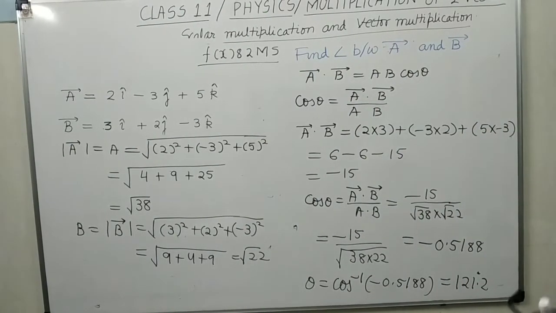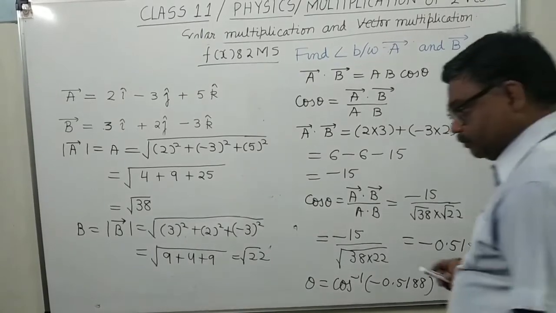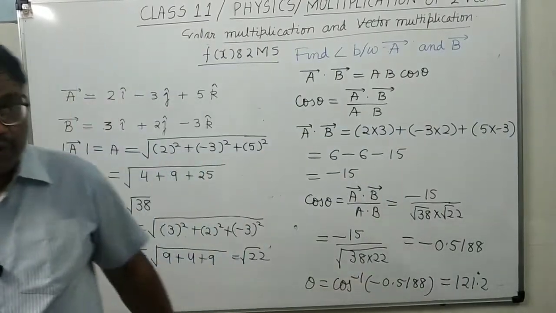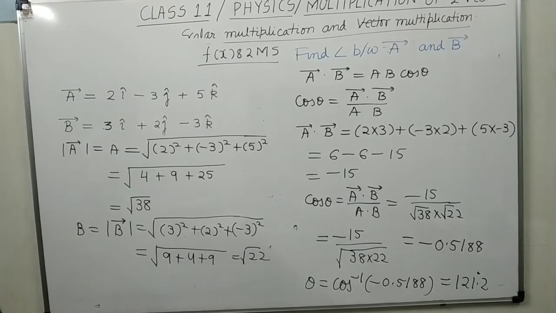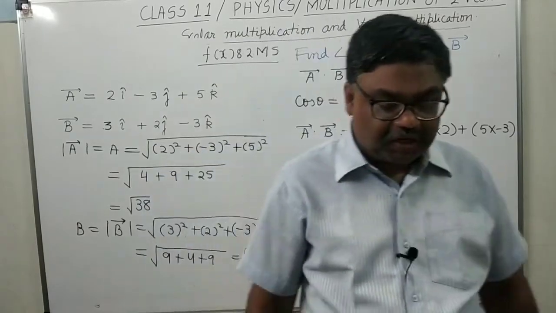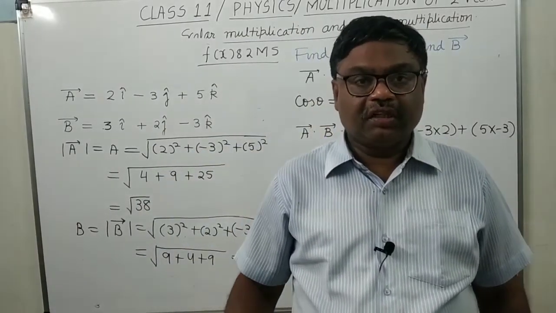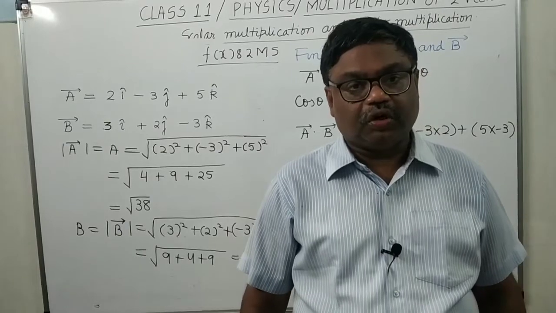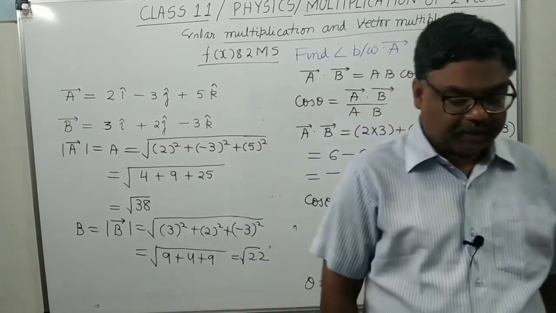Now see here, we will begin the vector product. It's clear. The vector product between two vectors is a vector quantity.